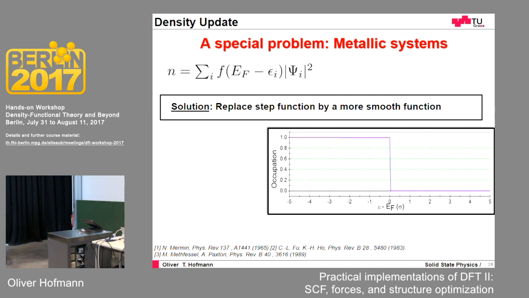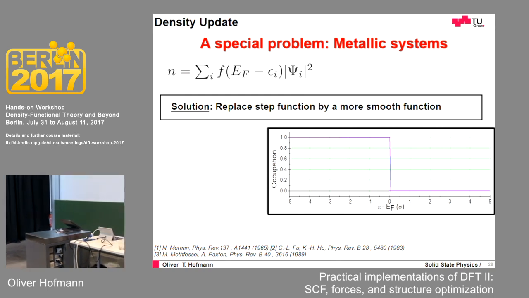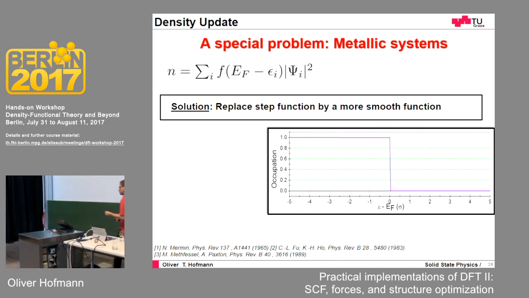for the electronic convergence, and that is the special problem of metallic systems. For metallic systems, one of the problems that you have is that you have a lot of states that are very close in energy.